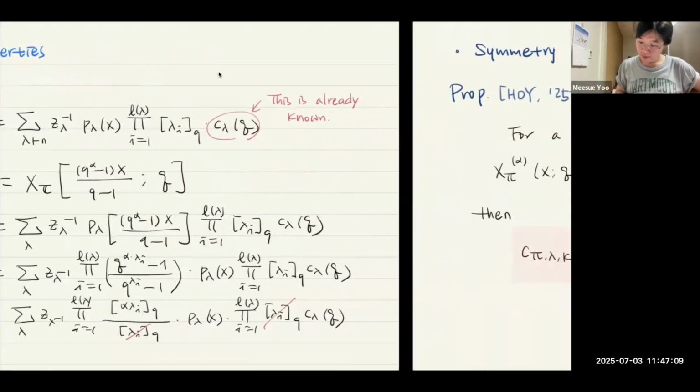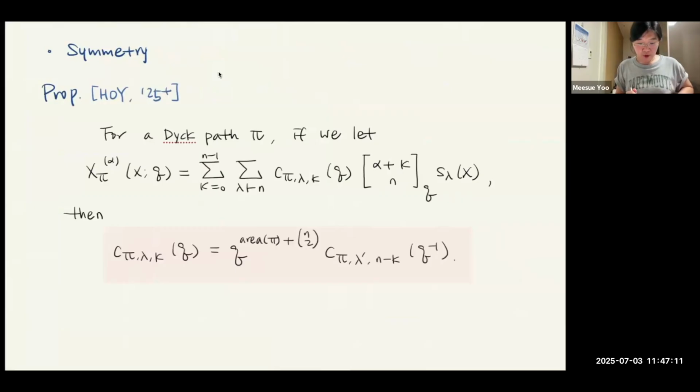And then let me mention the symmetry of the coefficients. So if the Schur expansion of the alpha chromatic symmetric functions were this way in terms of the alpha plus k choose n basis, then if you make the transpose of lambda, so for example, if you consider lambda prime coefficients, then in terms of the original coefficients, they are in this relationship.